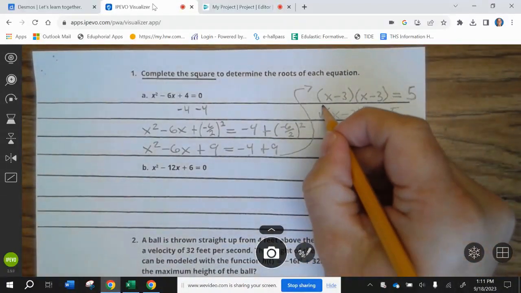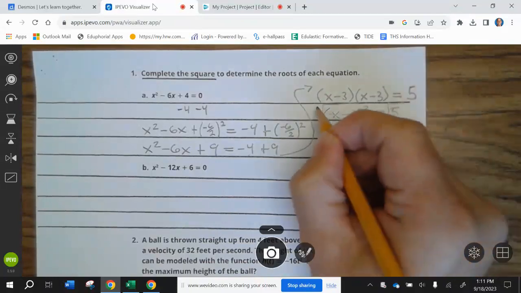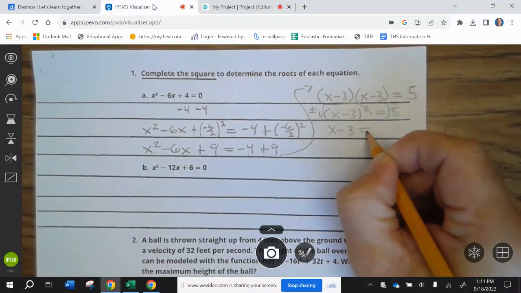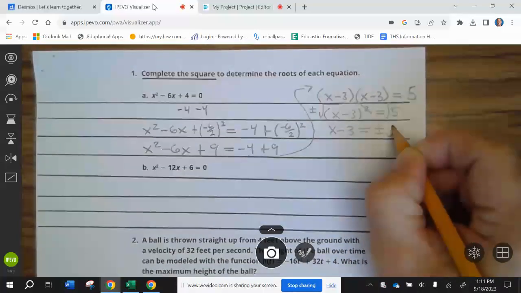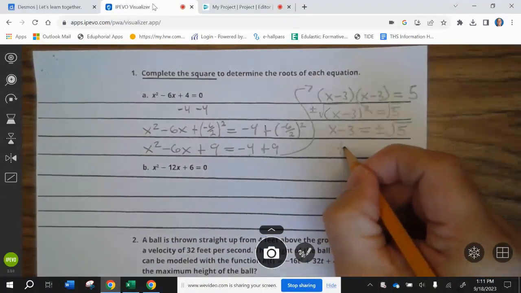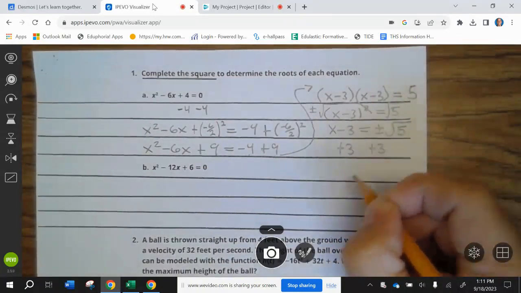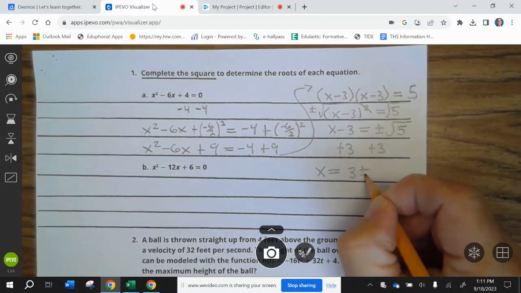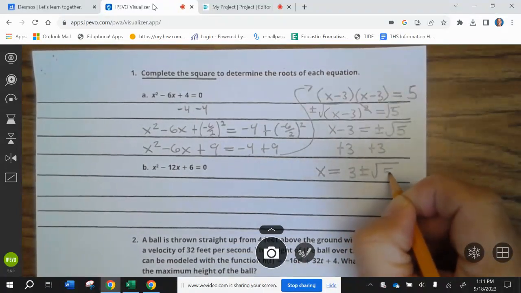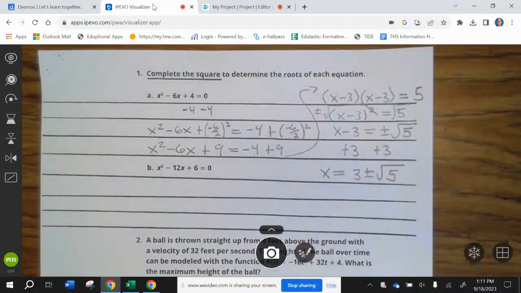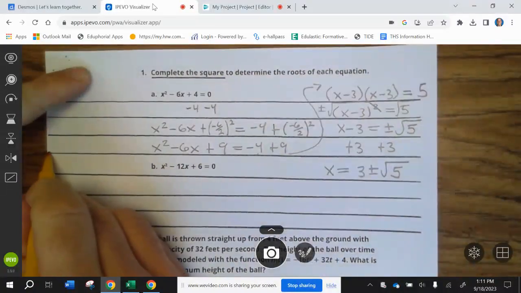We're going to take the square root of both sides. Remember, square root's plus or minus. Cancel to get x minus 3 equals plus or minus the square root of 5. Add 3 to both sides. X equals 3 plus or minus the square root of 5.